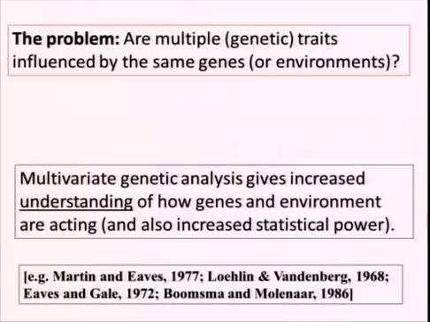And as Lindon said about this, if we can apply multivariate genetic analyses, we will achieve an increased understanding of how genes and of course also the environment works. In addition, there's a practical consideration. Multivariate modeling will quite often also provide us with increased power.